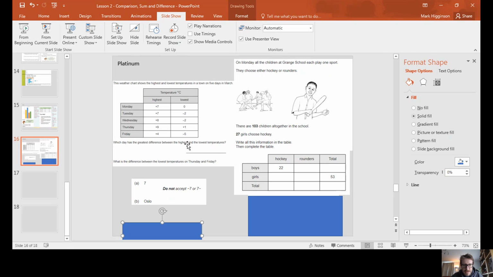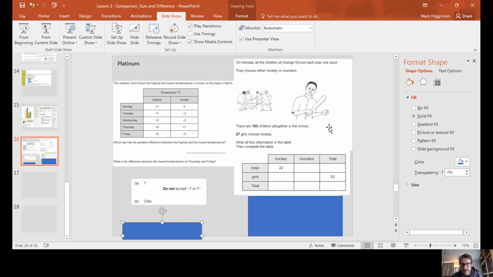The lowest temperature on Thursday is +1, and the lowest temperature on Friday is -5. So the difference will count from -5 up to +1: -5, -4, -3, -2, -1, 0, +1. So the difference would be 6 altogether.